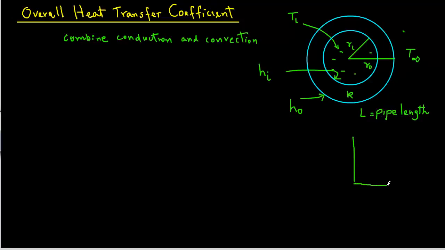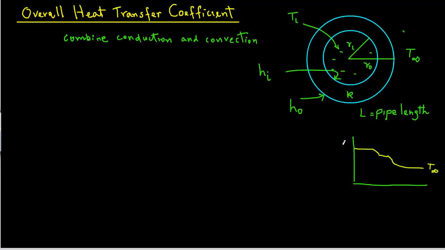Let's consider that to be our higher temperature than outside. So there is some bulk temperature, and that drops right at the surface of the pipe. Then if the pipe is highly conductive, there is very little temperature gradient inside the pipe, and then there is again a temperature drop to T infinity.